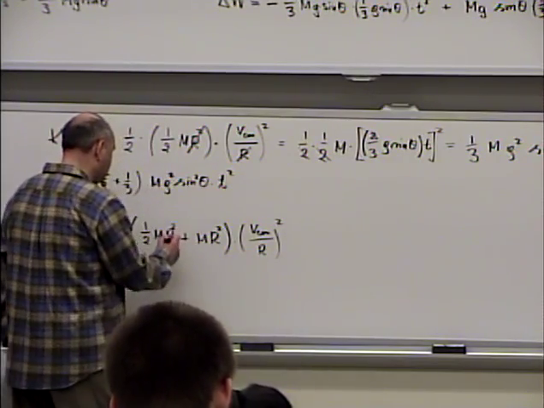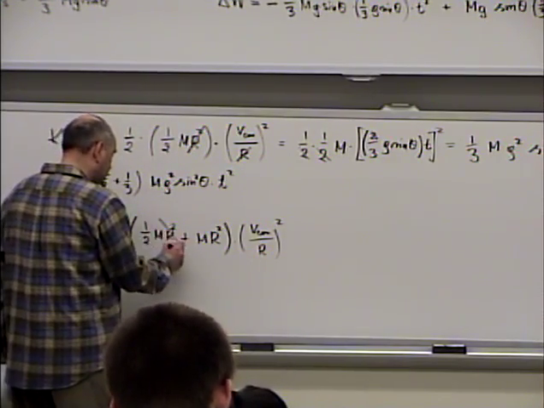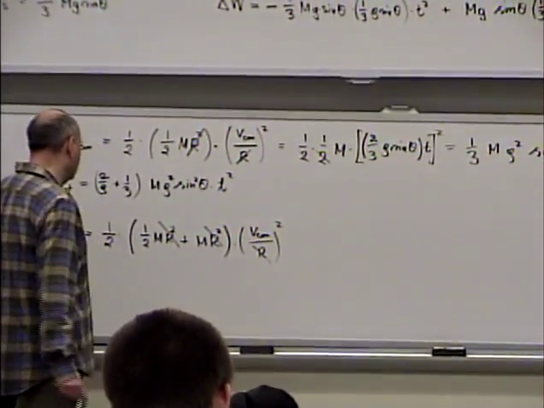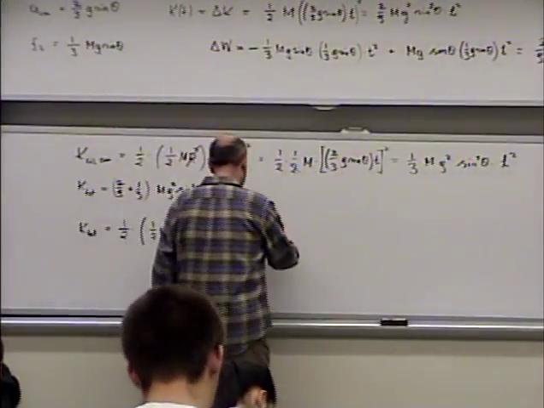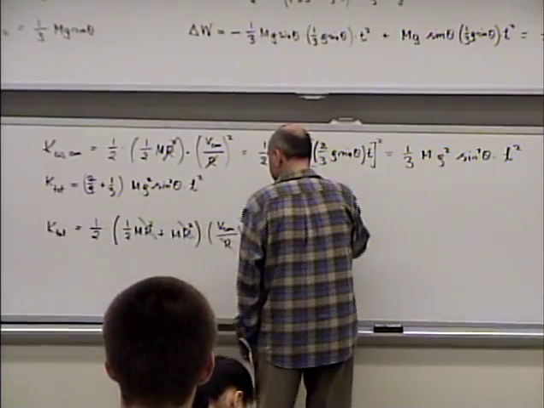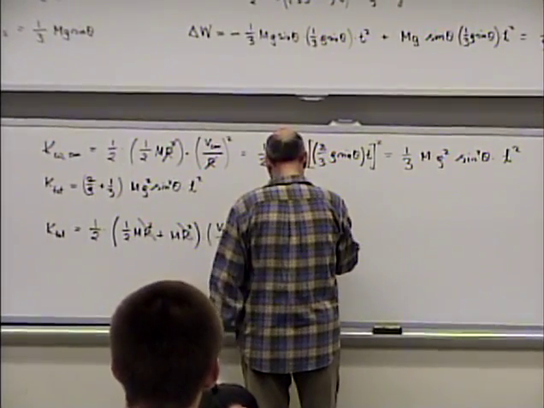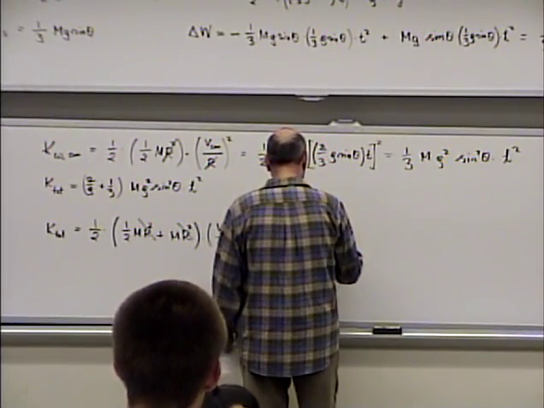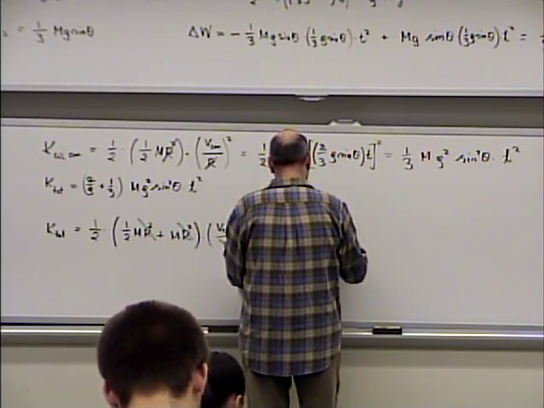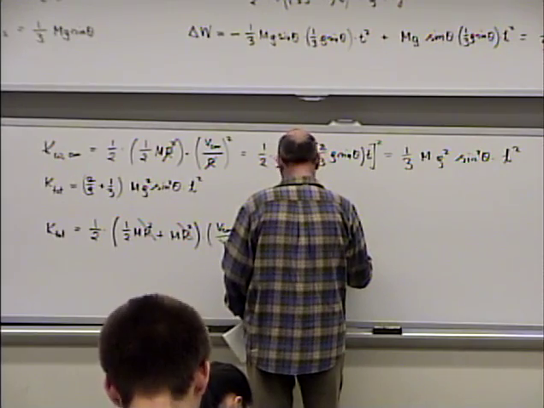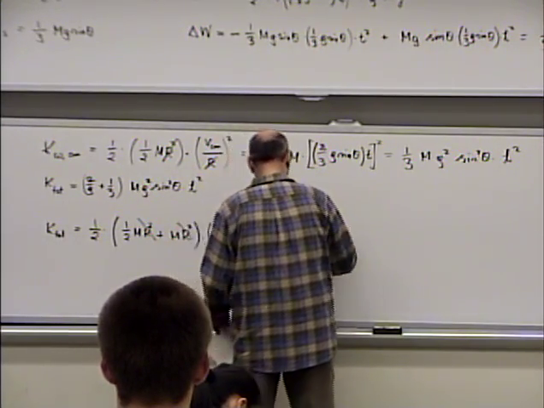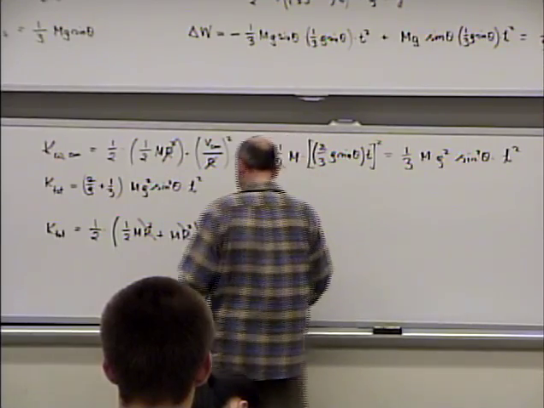I see again that r square and r square and r square cancel here. So I have 1/2 times 1/2 times mass times this expression. No, it's not 1/2.